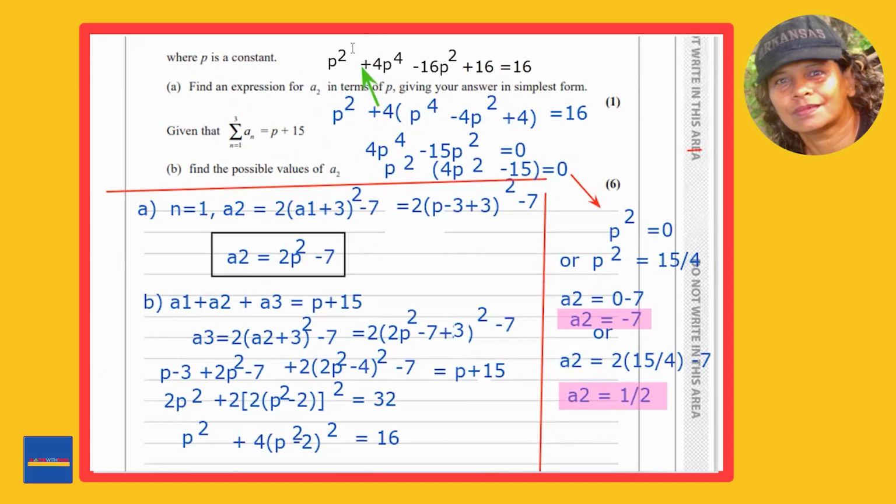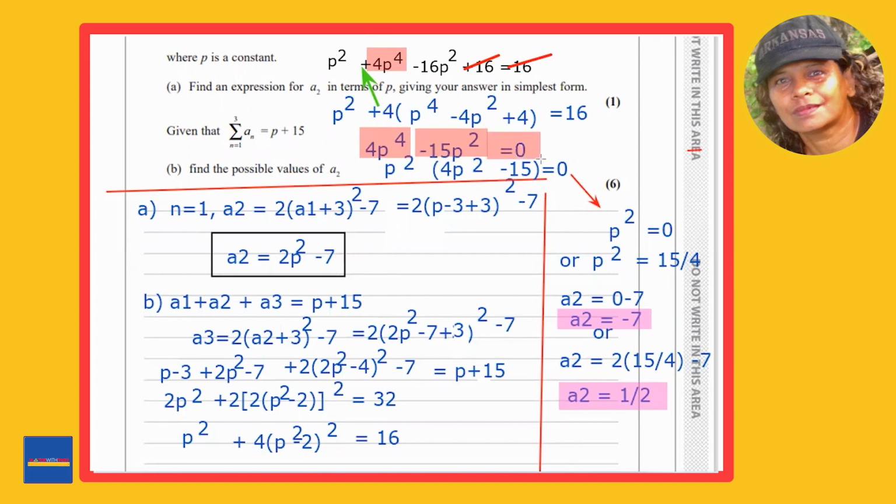Now I'm able to cancel what I want to. The 16 and the 16 can cancel, and I'm going to be left with 4P to the power 4, and P squared minus 16P squared will give me minus 15P squared. All right, and that's equal to 0.